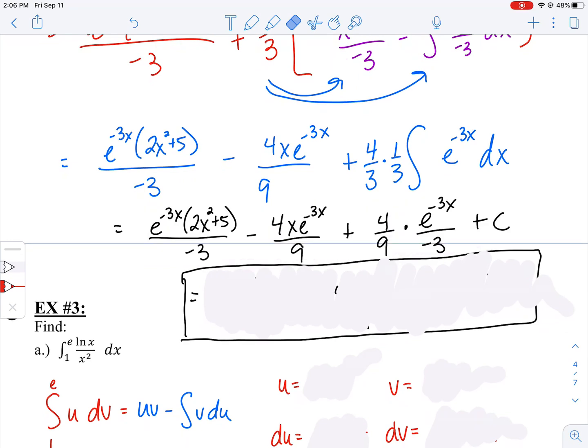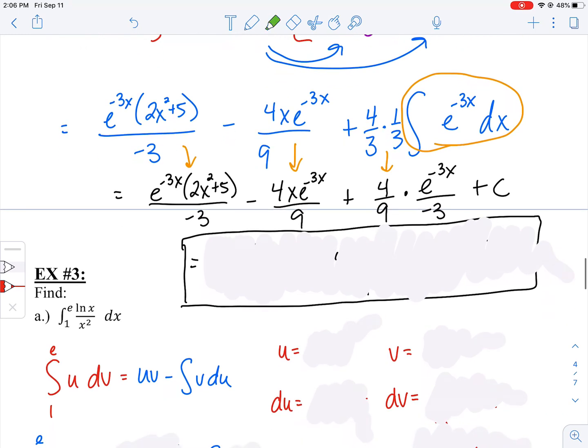Okay, so I have this first piece I haven't touched. I have this second piece now that's as simplified as it can be. This turns into a 4/9, and then I have the integral that I still need to do of e to the -3x. So the antiderivative, or the integral of e to the kx, is just e to the kx divided by k.